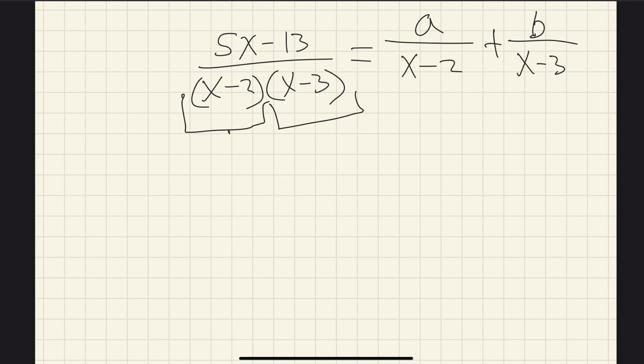You take the first factor, throw it over here, put an A over it, plus your next one, throw it in the denominator, put B on the top. These A and B are arbitrary, they're just constants. So you take the big fraction, split it up into its bottom parts, into this form, and we have some constants on the top. This is what our answer is going to look like. We just don't know what the A and the B are yet.